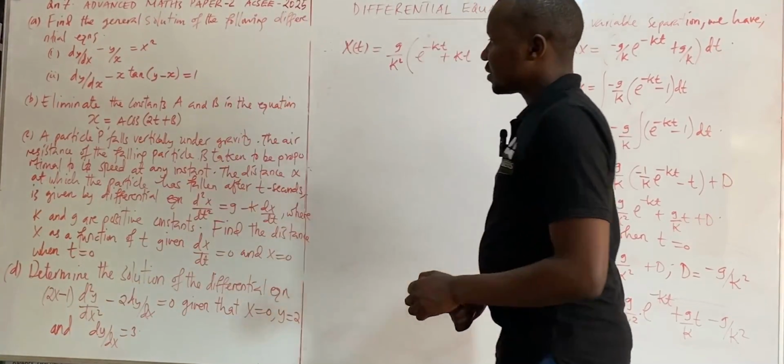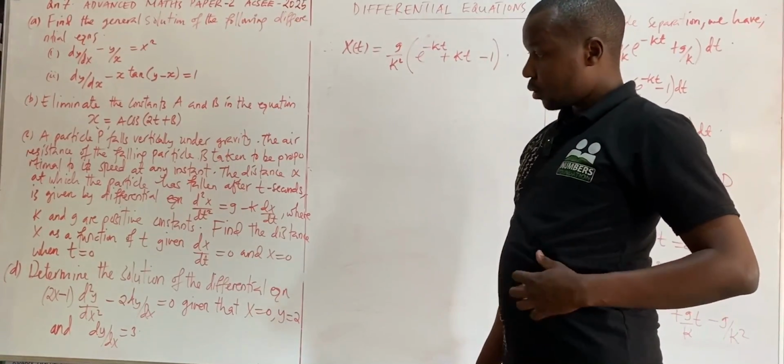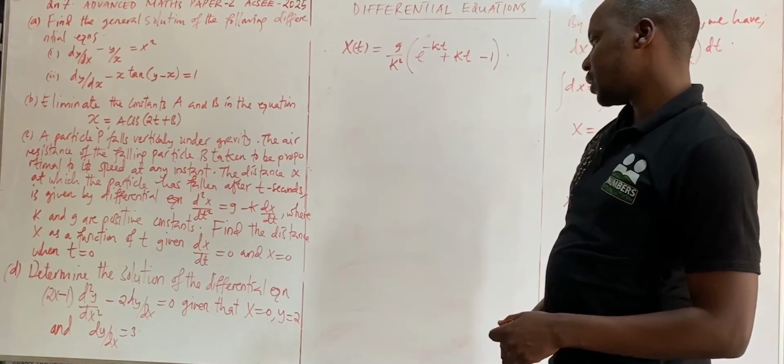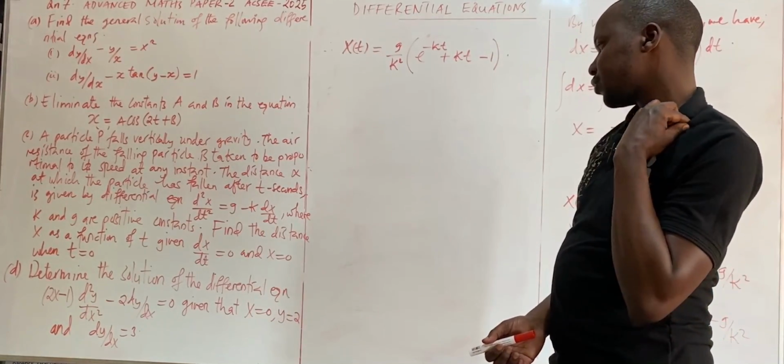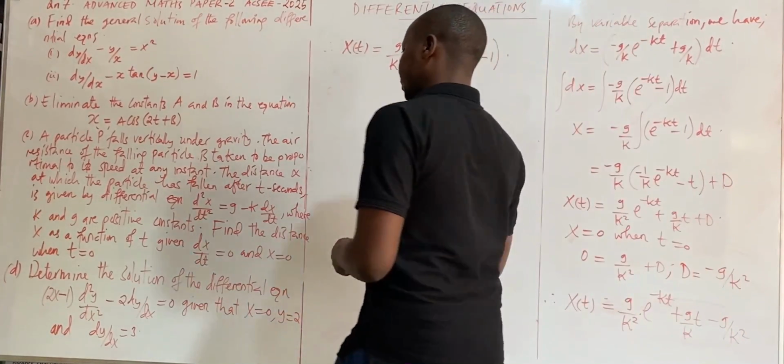Now we are through with part C, so let's move to part D. We are told to determine the solution of the differential equation, that one, given the initial condition x is 0, y is 2, and the derivative dy dx equals 3.